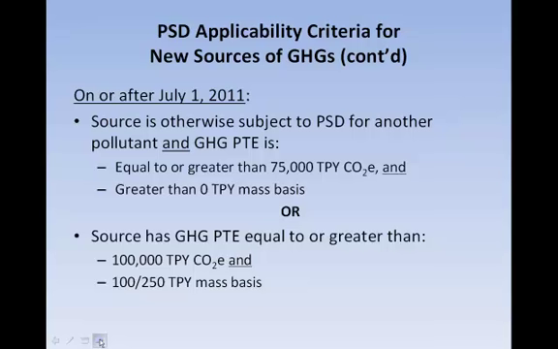Obviously, this is the same as what would bring in sources under step 1 of the tailoring rule. Also, though, under step 2, the source would be brought in under the program if the source has a greenhouse gas potential to emit that is greater than or equal to 100,000 tons per year on a CO2e basis and over 100 or 250 tons per year on a mass basis.